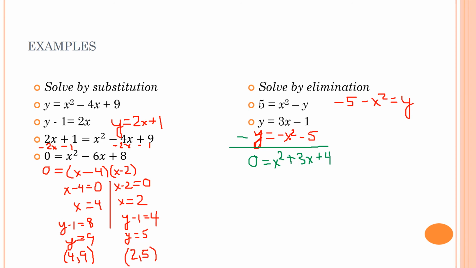So this one isn't too clean. I do not have factors of +4 that will add up to +3. I'm going to do completing the square for this one. So I'm going to subtract 4 from both sides.